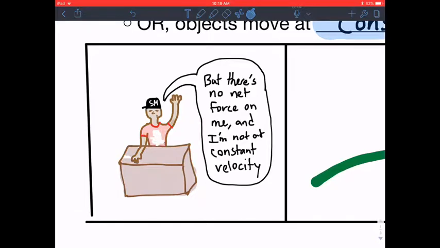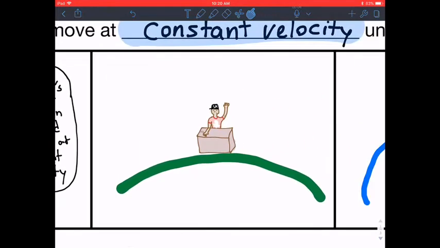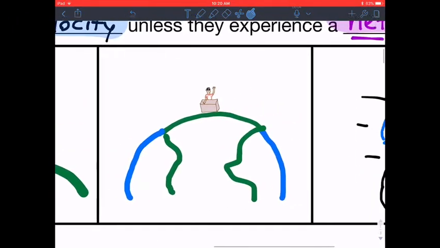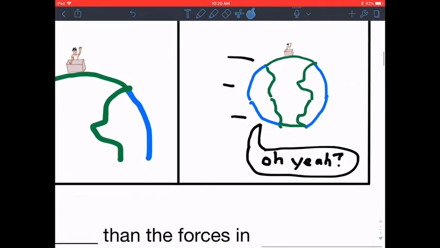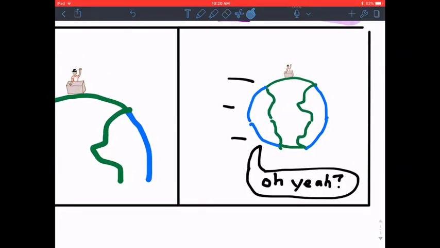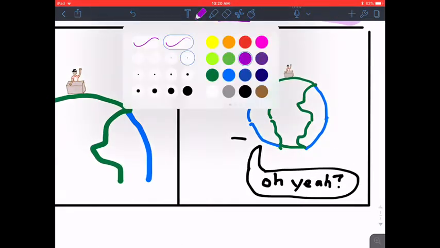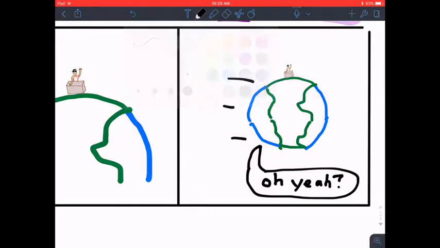Well, I want to remind you that first of all, if you zoom out, you'll realize that, well, yes, you're sitting there, quote unquote, not moving, but you're actually on top of something that is rotating at a speed of 1,000 miles per hour. And not only that, but it's flying through space, going all the way around the sun every single year.